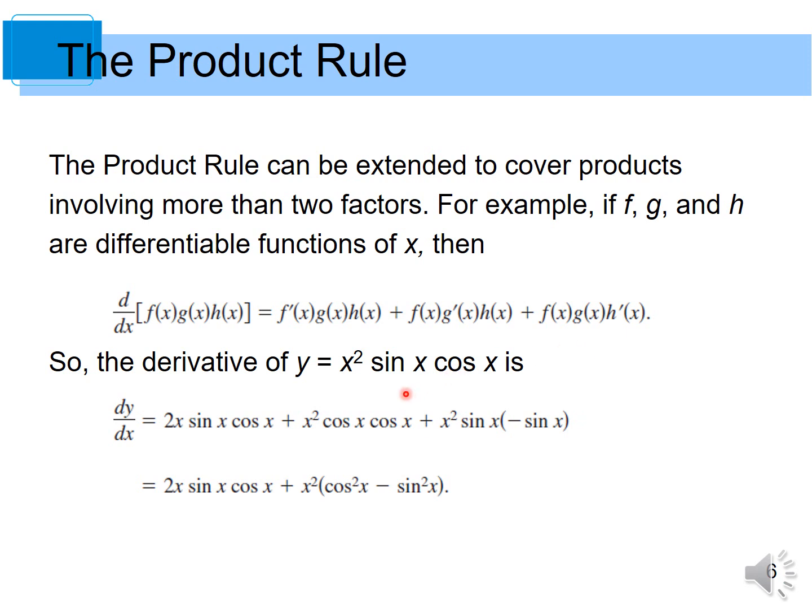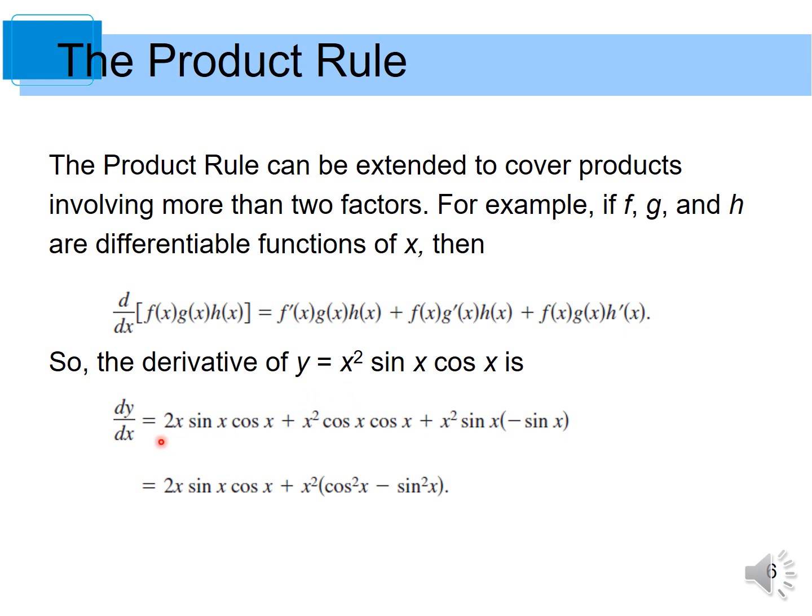Look at the example below. y equals x squared sine x cosine x. There are three functions here. So we differentiate the first function, x squared, by using the power rule.